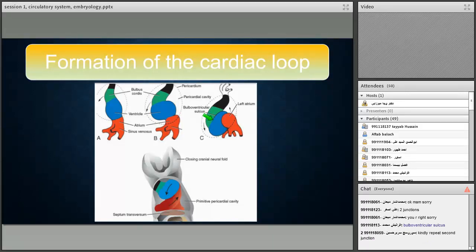The second junction is between the ventricle and the bulbus cordis. This part, between the green and the blue colors. It remains also narrow and is called bulboventricular sulcus.